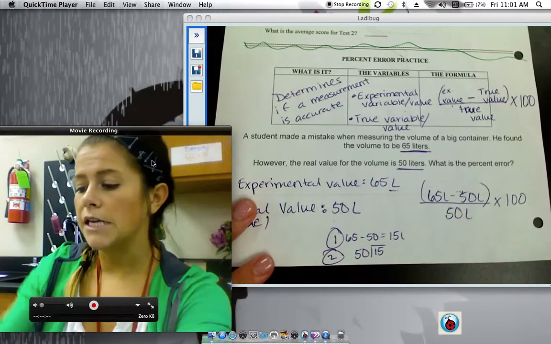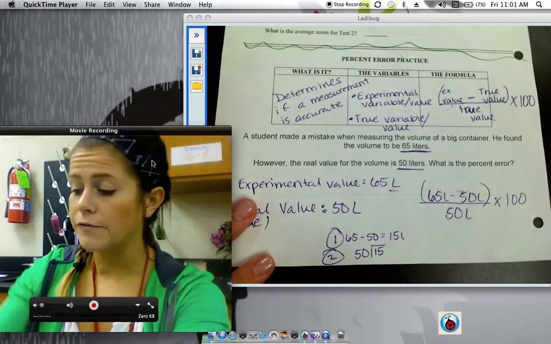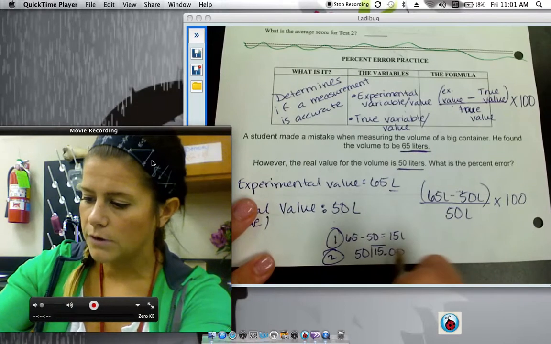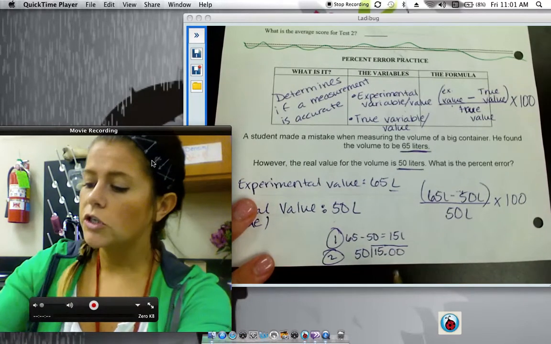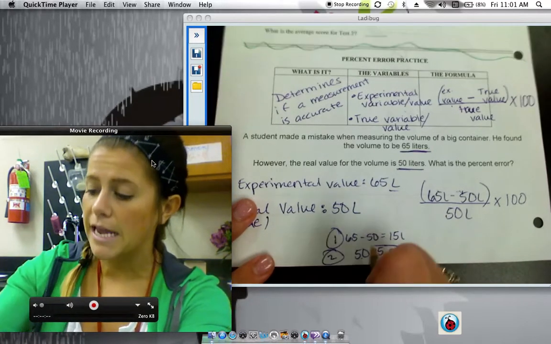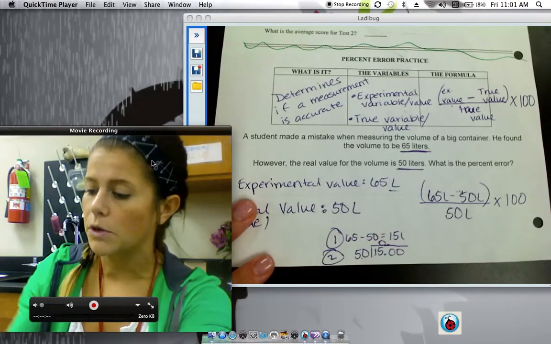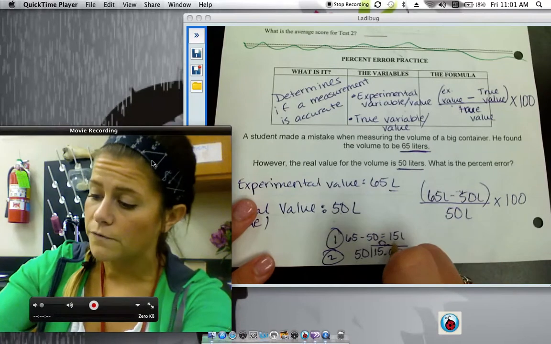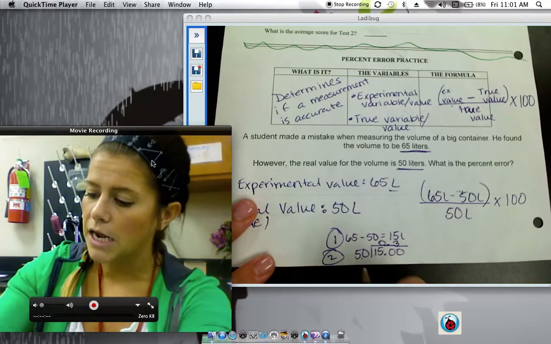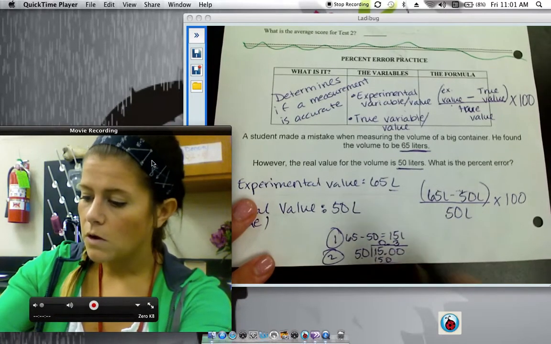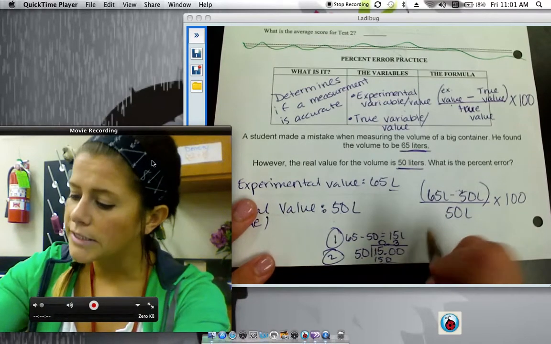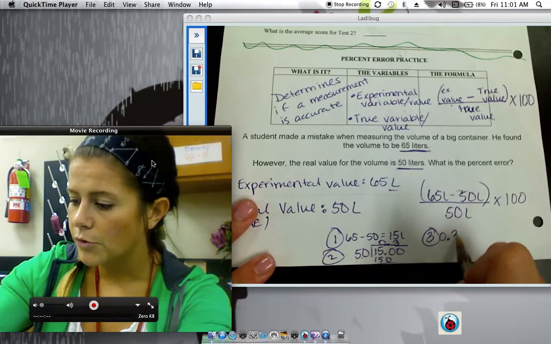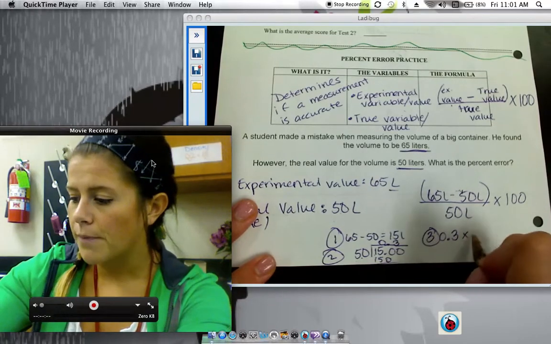Obviously, 50 cannot go into 15, so we have to add our decimal and add placeholder zeros after that. So we put our 0 and our decimal. It can go into 150 though, 3 times, and it goes in perfectly.